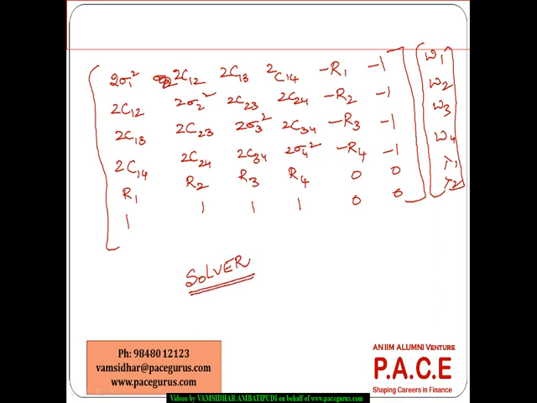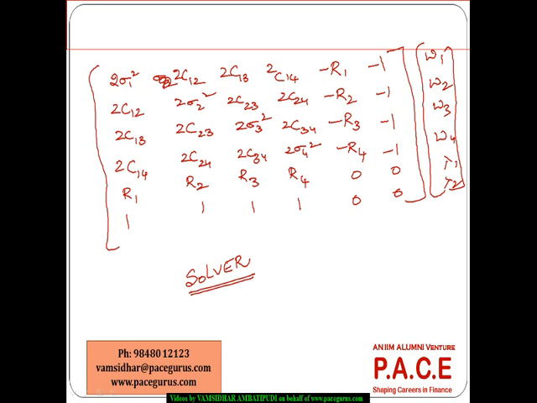We can very well use a built-in function called Solver, which will try to come out with the best possible solution of W1, W2, W3, W4, which is the most optimal solution, which will reduce the overall variance. And finally, once I have got all my W1, W2, W3, I can very well substitute them in the equation for the variance.